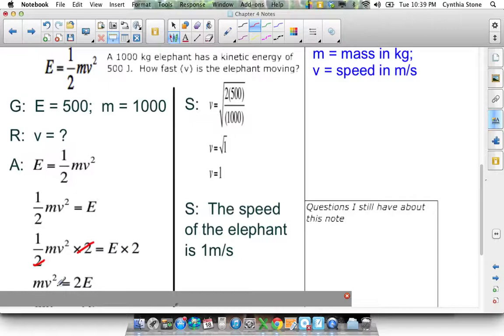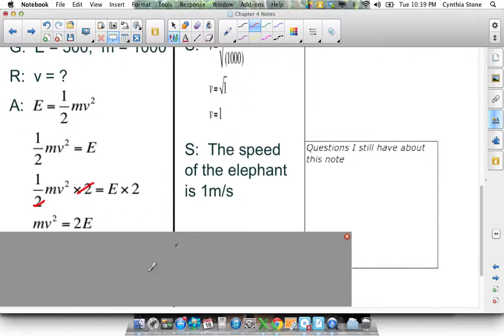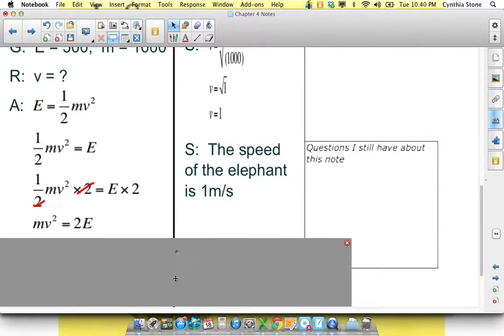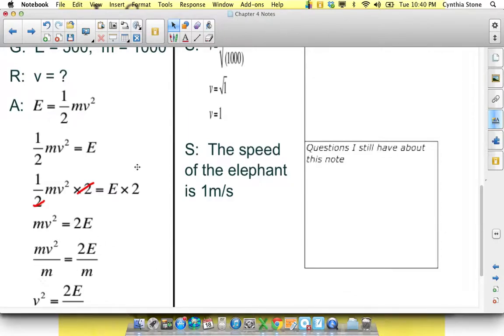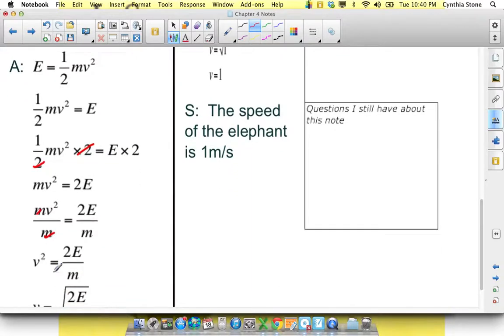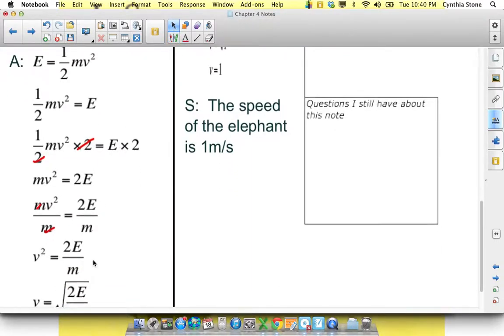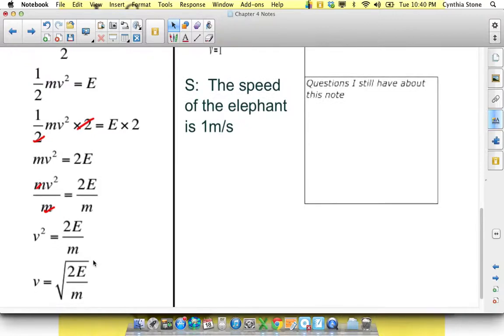So mv squared equals 2e. And again, I'm not done yet because I have to find v. So divide both sides by m, and the m cancels. Now I've got v squared equals 2e over m, and once again, just like the last one, I need to find v. You take the square root.